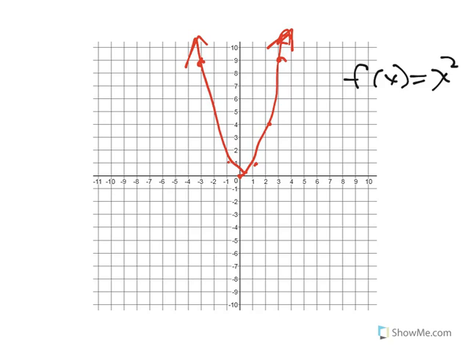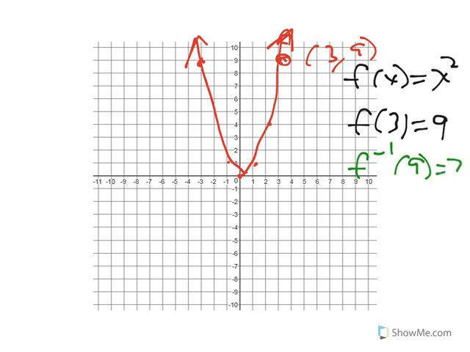Now, an example of a point on this function is the point 3, 9, because f of 3 equals 9. So there should be a point on the inverse. f inverse of 9 is equal to 3. So I should have this point 9, 3 over here.